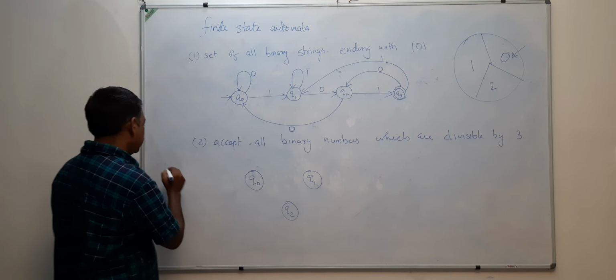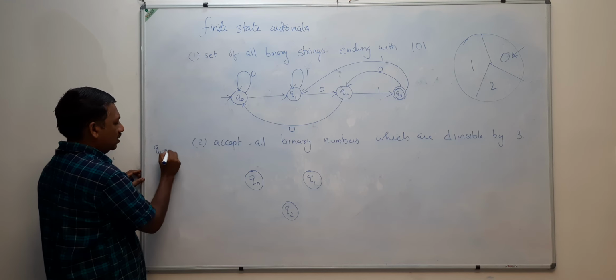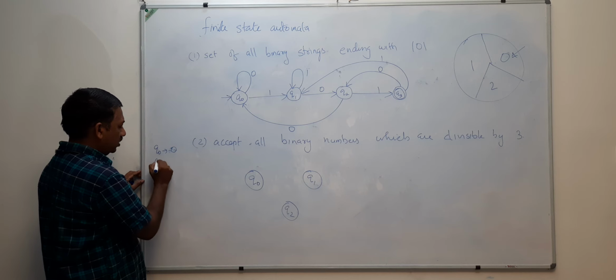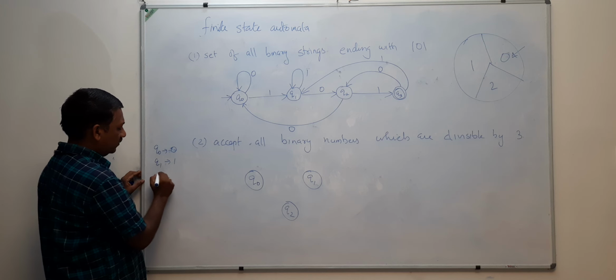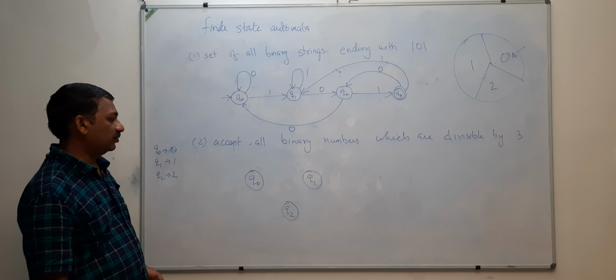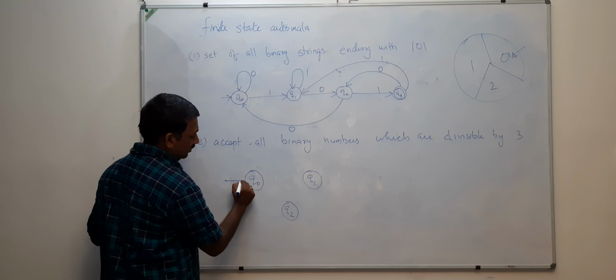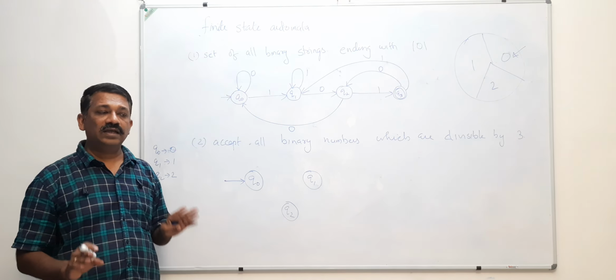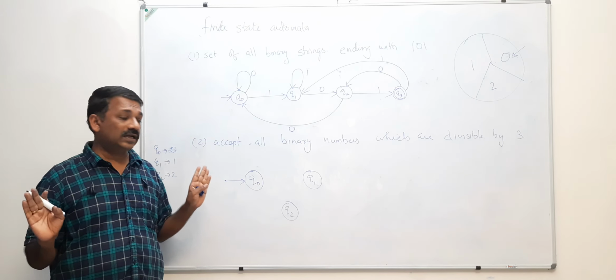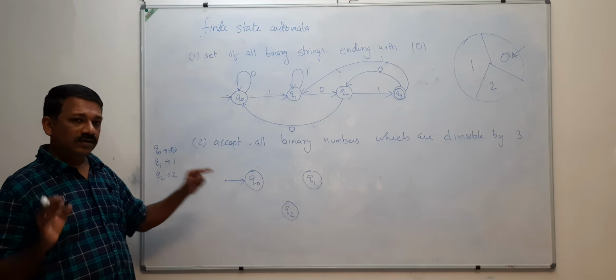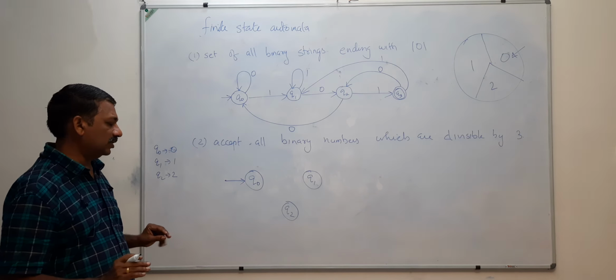Q0 represents remainder 0, Q1 represents remainder 1 and Q2 represents remainder 2. Starting from an empty string, nothing divided by 3 is nothing, so the empty string will be accepted.